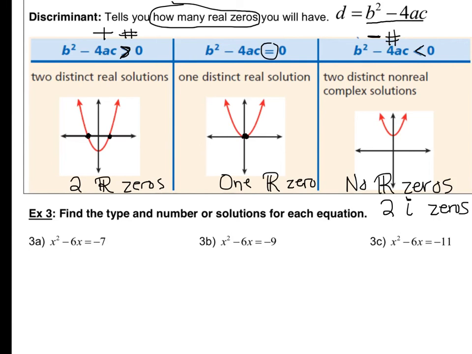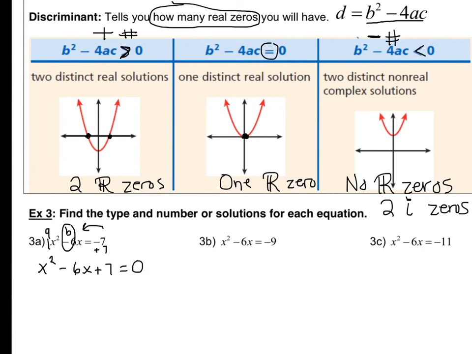So all we need is b squared minus 4ac. So a is 1, b is negative 6, and we need to move that negative 7 over so that everything's in the right form. So x squared minus 6x, when we move it over, it'll be plus 7.